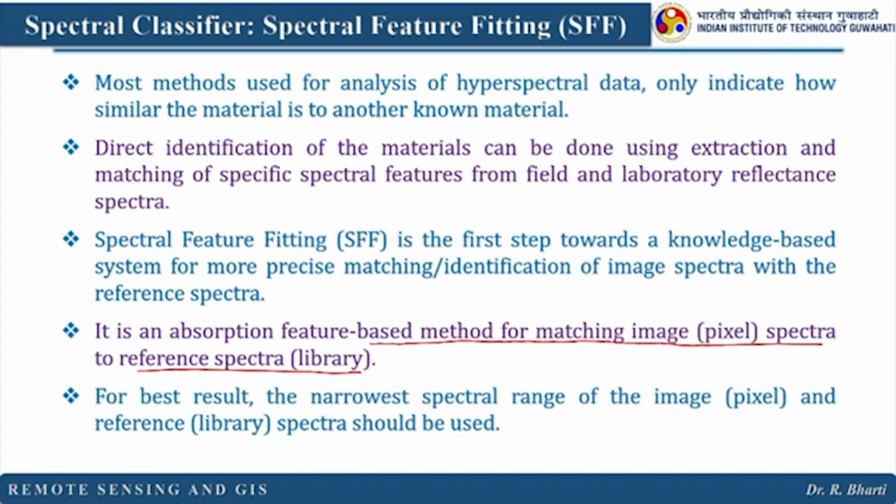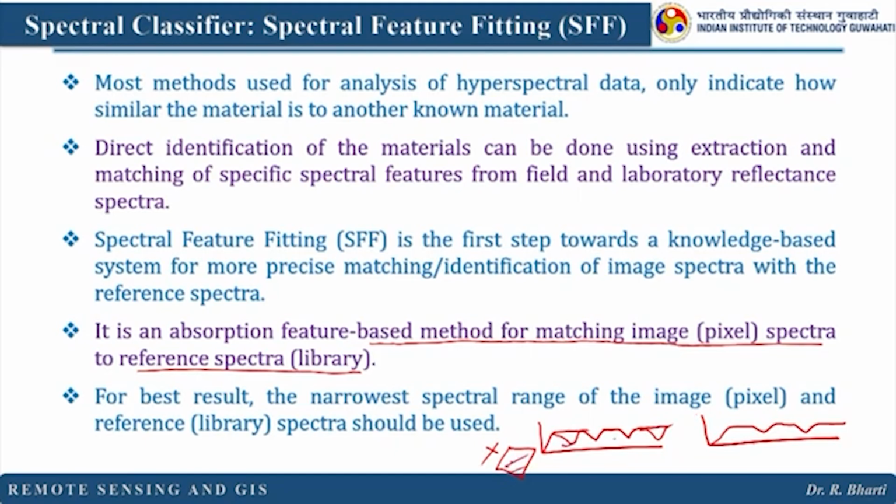So what exactly I am trying to convey here: for X material, you have this kind of feature, right? And this is the library spectra. In the image, the size of a pixel is 30 by 30 meter, right? So you may have certain other objects in this particular pixel.